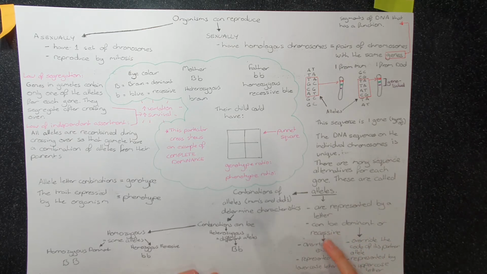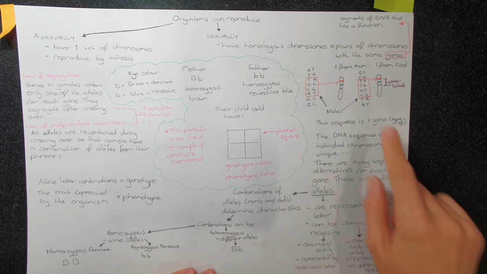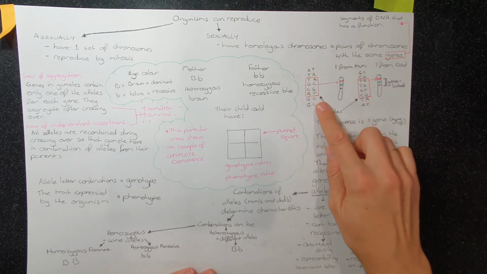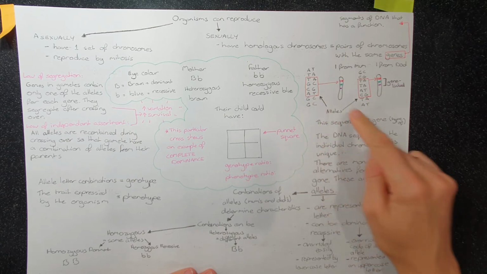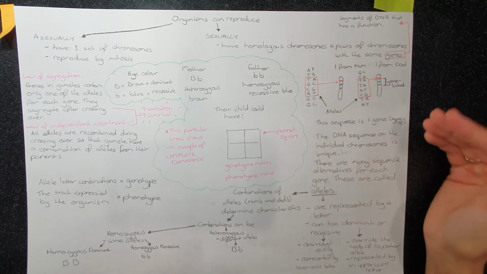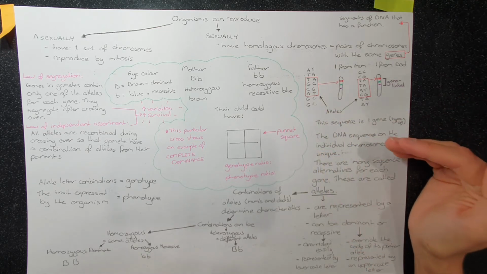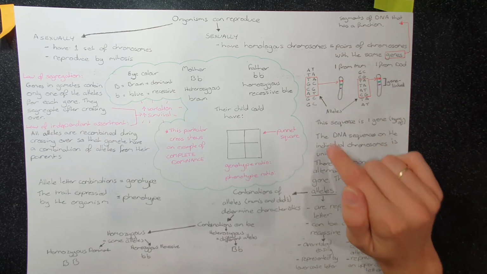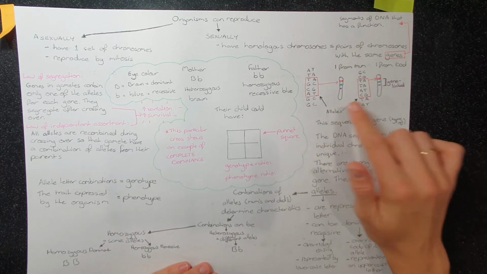If we're looking at a recessive gene, however, recessive genes are overridden easily. We need two recessive alleles in order for that gene to be expressed, and they're represented by a lowercase letter. So if we go back to our situation up here where mum's handed over a blonde allele and dad's handed over a brown allele, if the offspring were going to have blonde hair, we would need to get two blonde alleles, one from mum and one from dad.